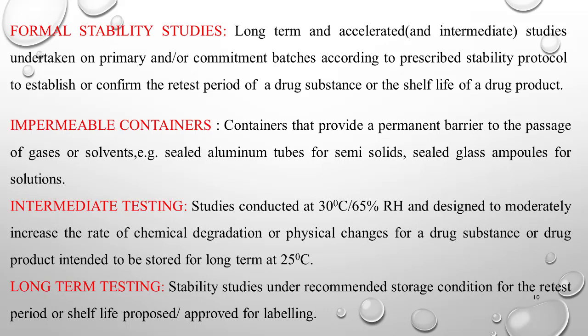Suppose I want to store a drug product at 25 degrees centigrade. For that, our intermediate testing temperature requirement should be 30 degrees centigrade, whereas relative humidity should be 65%. That means we are going to put that particular drug substance or drug product in a more extreme condition to check its stability, because we are going to store it for the long term.